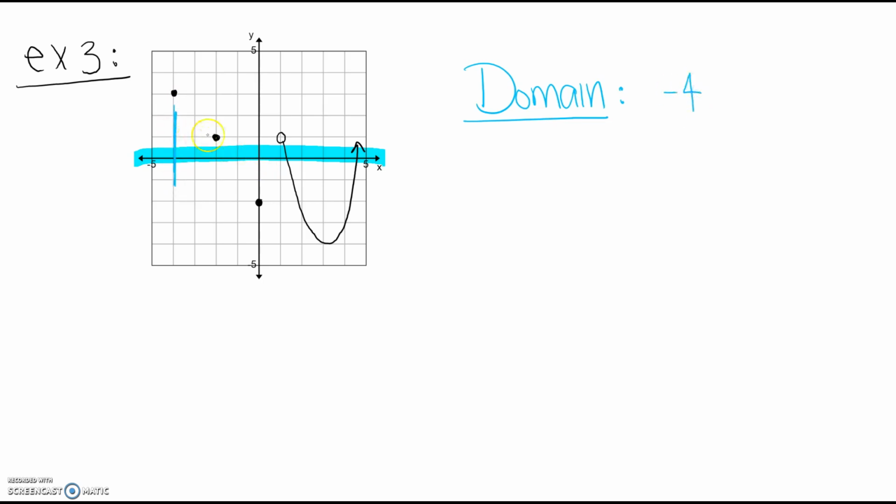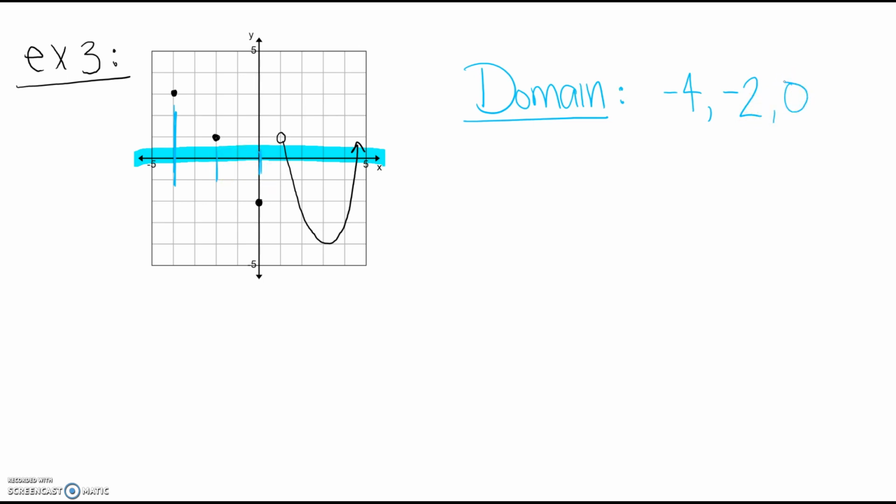Now what's interesting is we jump to -2, and it's not going to include things in between. So I'm going to list -2 next, and then we jump again to 0.